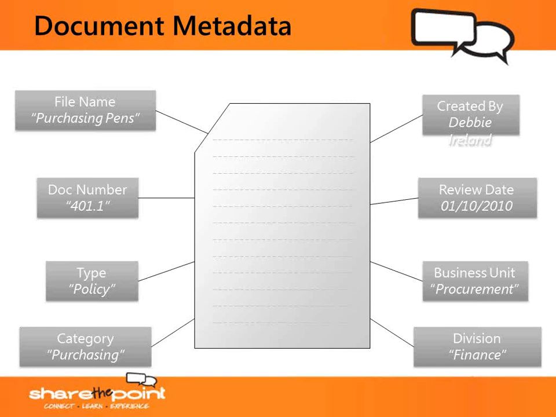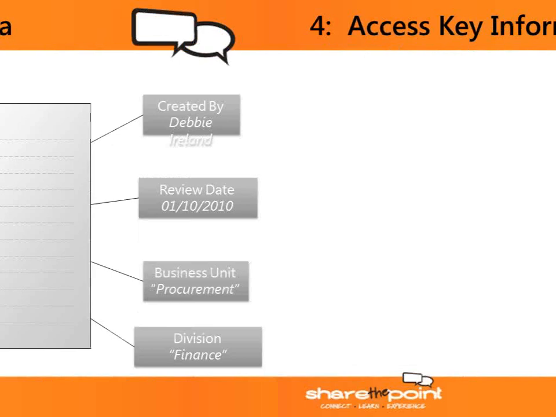Now the reason you'd store all of this against your document is so that then you can create a view or a report of all of the documents within one library that might have a review date coming up within the next month that you want to then review all those documents for. So it gives you a whole reporting system at the same time. So this is just called metadata. So metadata is just information about the document that you're capturing.